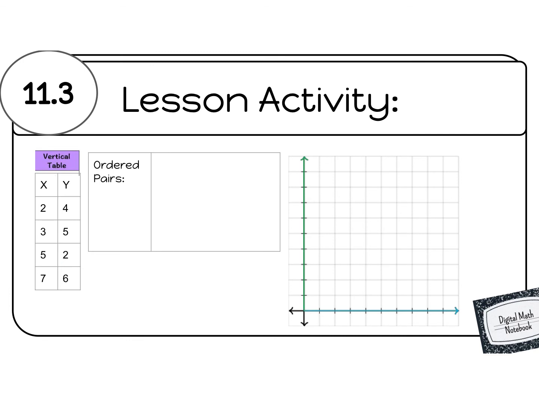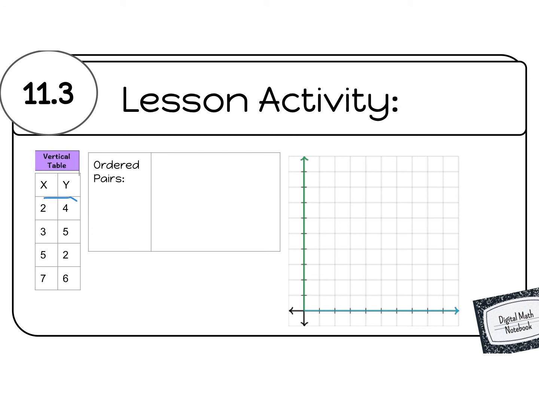All right, friends, it's time for the lesson activity. In the lesson activity, we're going to be plotting the points in this vertical chart into ordered pairs and then onto our graph. You have red dots in your digital math notebook to move the dots to where they belong as you graph them with me. Let's look at our XY table.